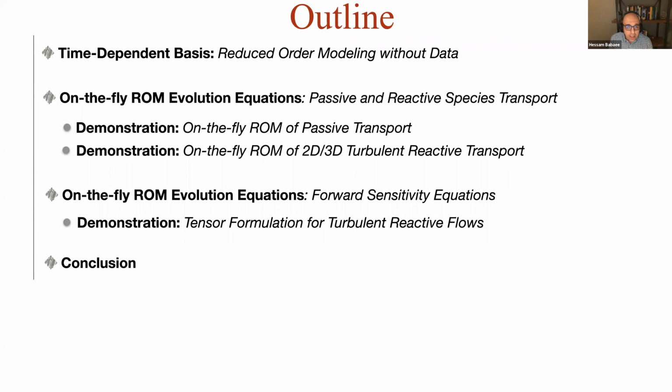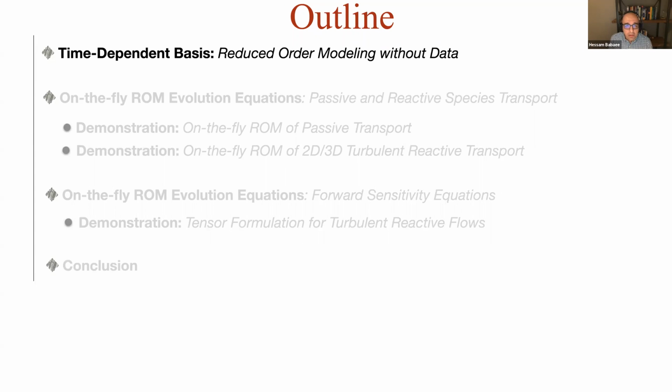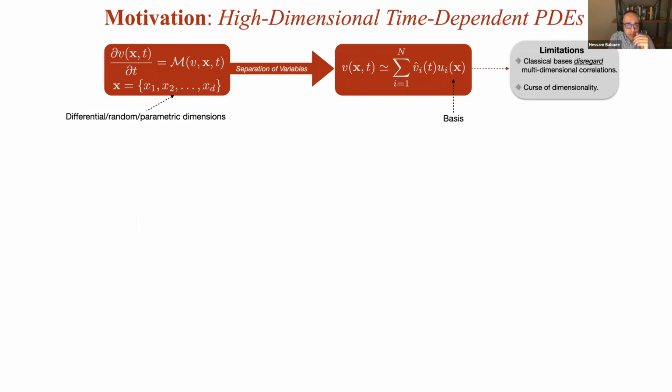So let me talk about reduced order modeling with time-dependent basis. The motivation is that if you have a high-dimensional PDE, let's say ∂v/∂t is equal to some operator of v, where x is the number of dimensions, could be parametric dimensions, could be differential dimensions.